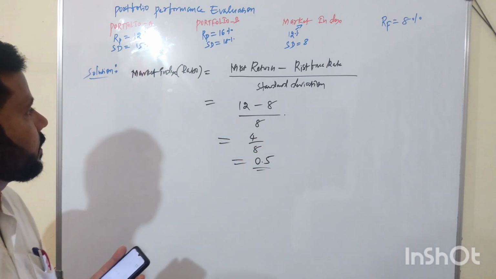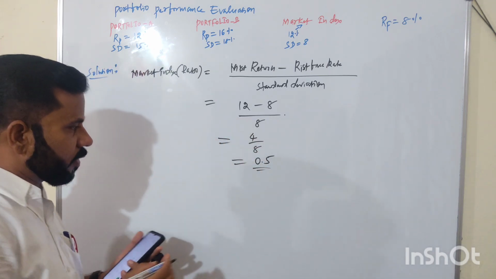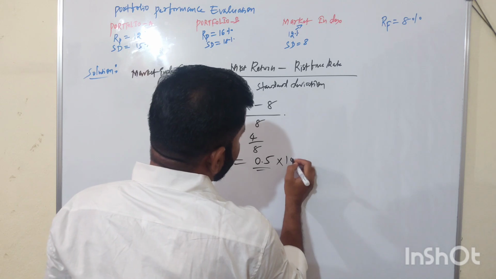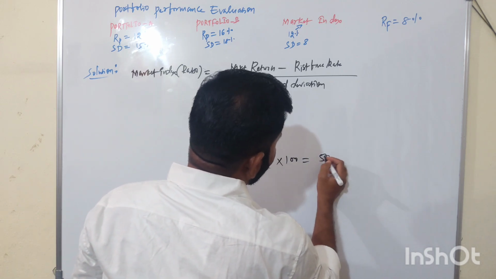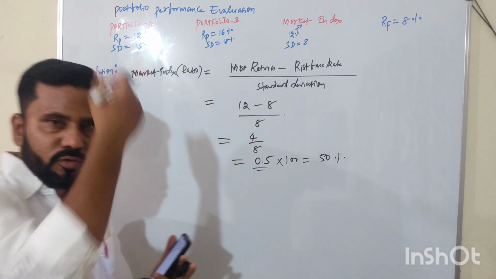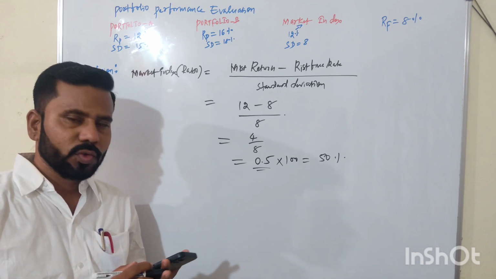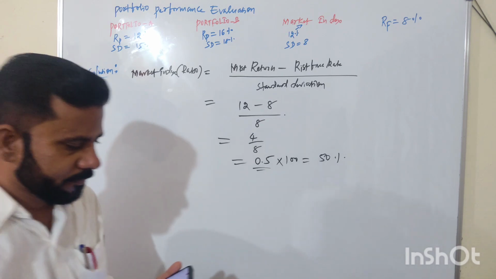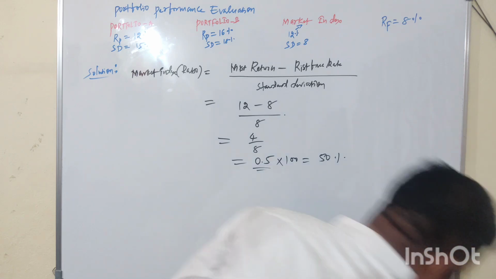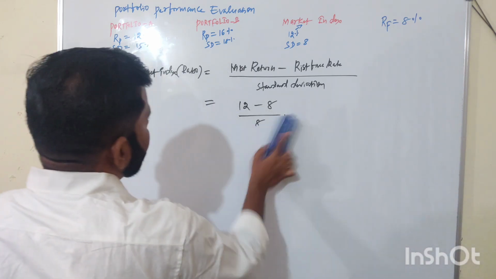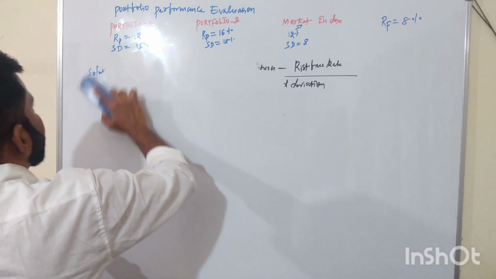So the market index answer is 0.5. If we multiply with 100, we will get 50% in percentage. Even for portfolio A and portfolio B, we can multiply by 100.